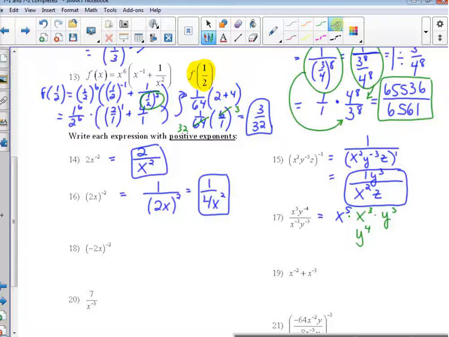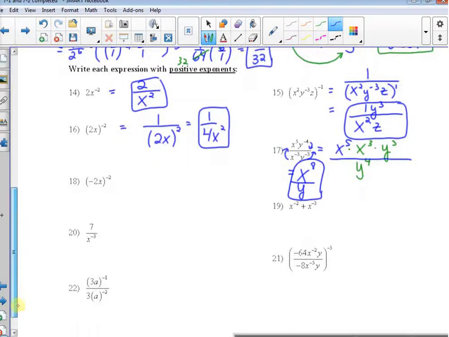So basically, we took this one and moved this one up, this one and moved up, but took the y to the negative fourth and moved that one down. And then you've got to simplify that. So you've got to use your adding, x to the eighth, and your subtracting gives me negative 1, so that puts the y down in the bottom. So x to the eighth over y.